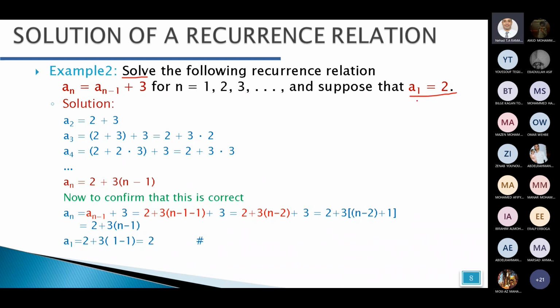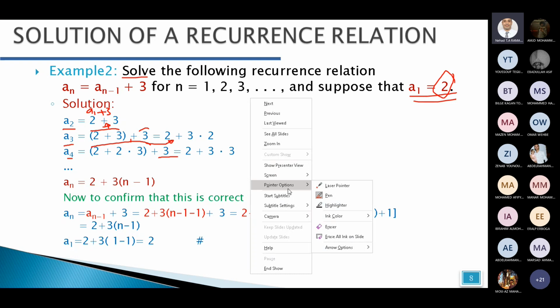We already have A1. We will try to find A2. A2 is A1 plus 3. A1 is 2 from here, so it's 2 plus 3. A3 is the previous one plus 3. A4 is the previous one plus 3.